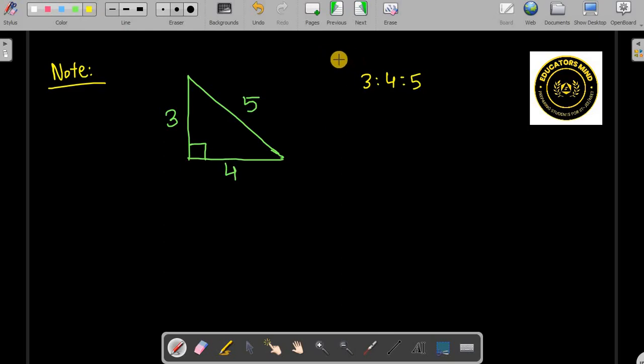It is the ratio of sides. If the sides ratio is this, then opposite to the smallest side, this angle is going to be 37 degree approximately, and opposite to 4, this is 53 degree, and this is of course 90 degree, right? Then you can write all these values.